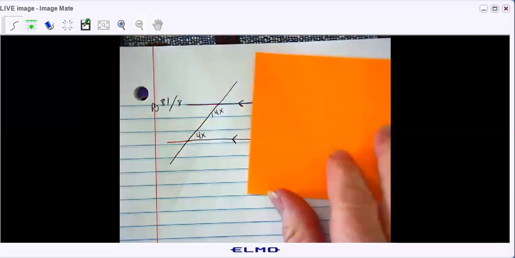Okay, so let's look at this one. I need to identify the relationship between those two angles that both have an x. So look at your options: corresponding, alternate interior, alternate exterior, same side interior, and vertical. And what would they be?